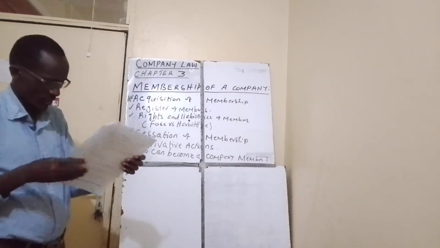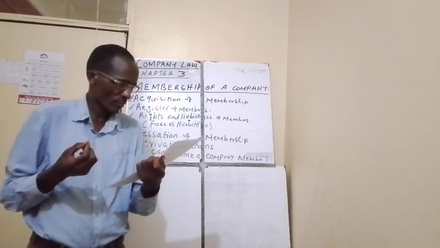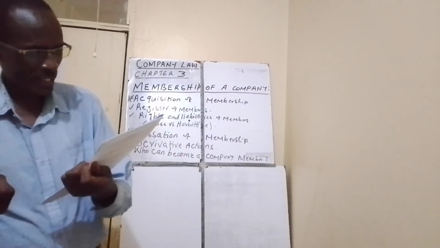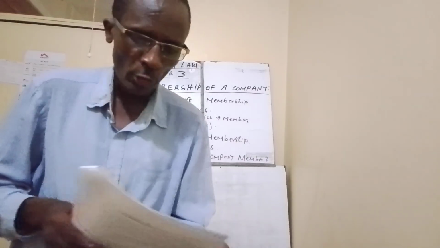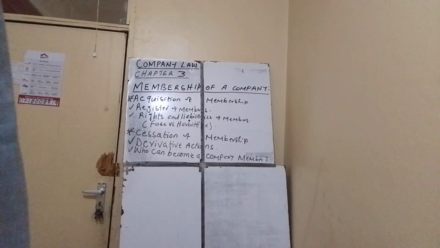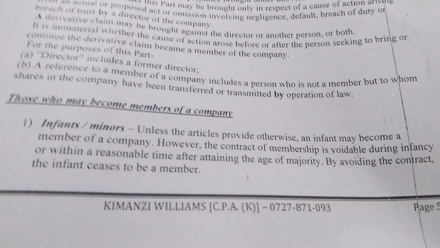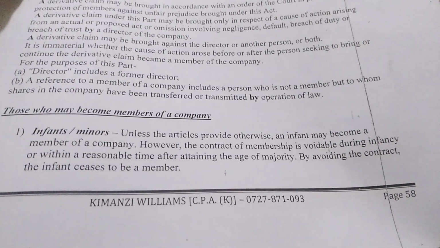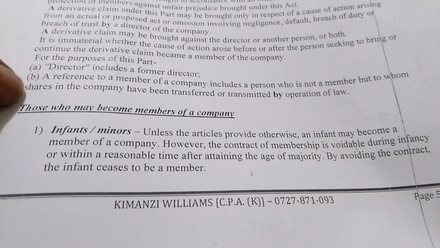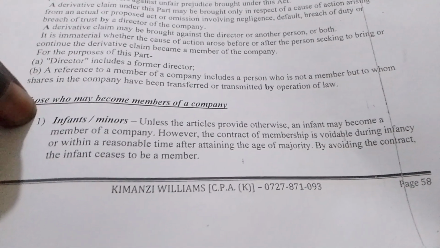Now we have infants or minors, adults, personal representatives, trustees in bankruptcy, and body corporates. These are the ones who can become a shareholder. Infants are also known as minors.